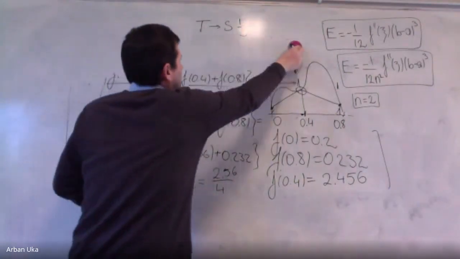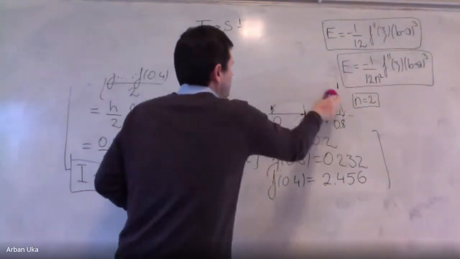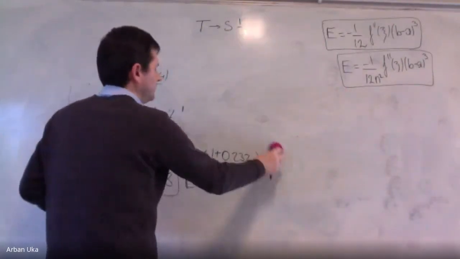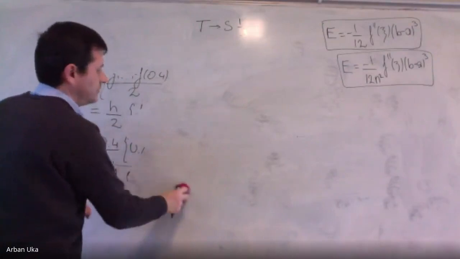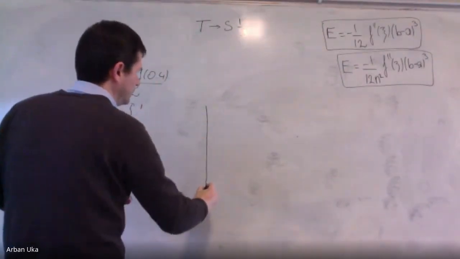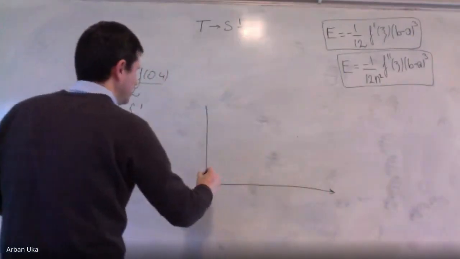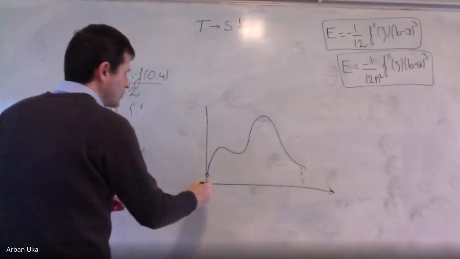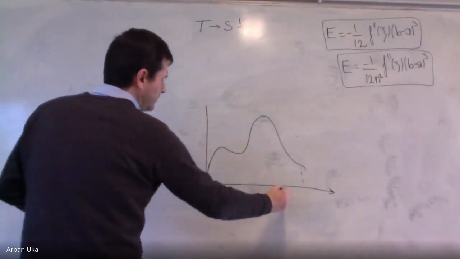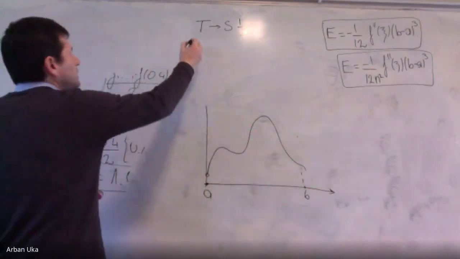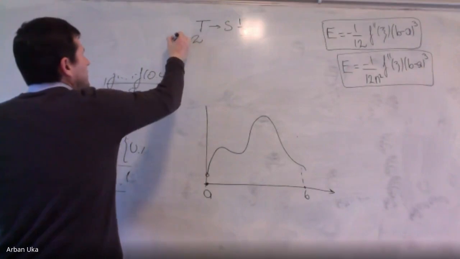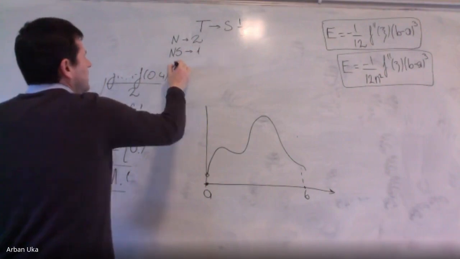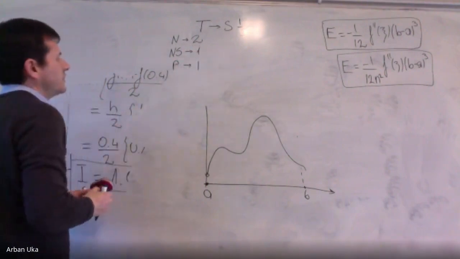So initially, we had just 2 points, A and B. And we had 2 points, so number of points it was 2, number of segments it was 1, and the polynomial it was first order, okay?